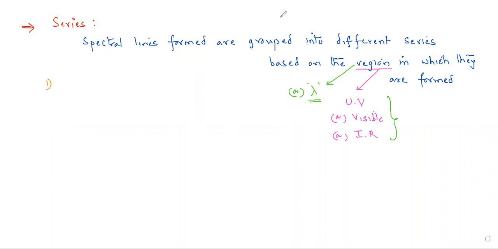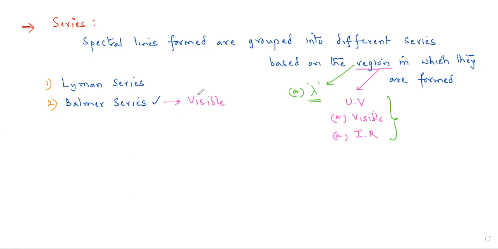The first one is the Lyman series. I'll just give you the names; we will have a great discussion about all these. Then the second one is, of course, the Balmer series. In fact, the Balmer series was the first one discovered by scientists because it was found in the visible region, the only region which could be seen with the naked eye in those days.